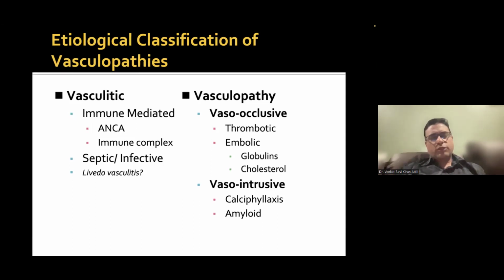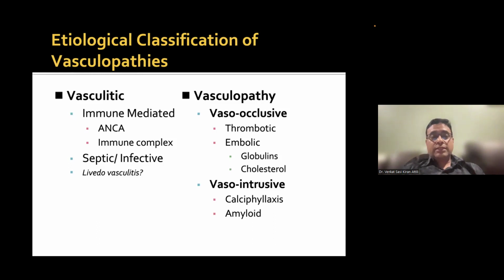Some textbooks describe livedoid vasculitis as having no inflammation, and they label it under vasculopathy, under vaso-occlusive. I'll explain that later. But Ackerman actually describes livedoid vasculitis as being a true vasculitis, and I also believe the same based on the limited number of cases I've seen.